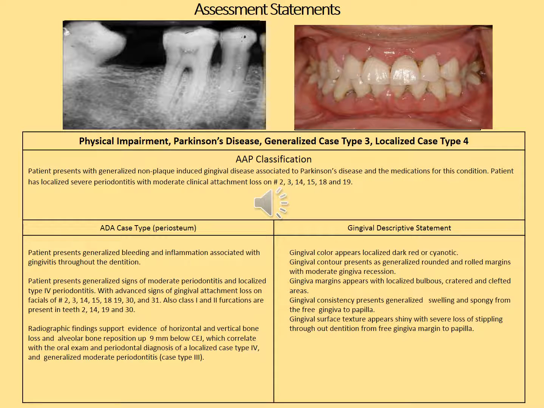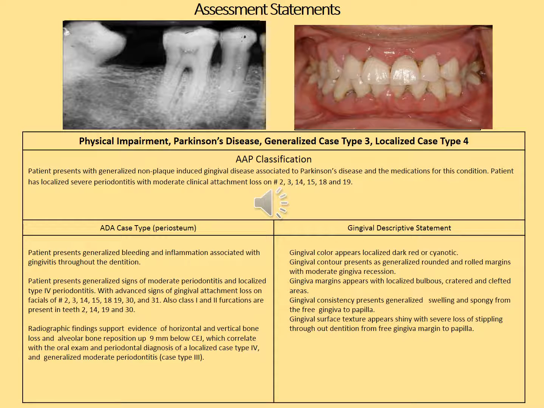In the next slide, we're going to present the assessment statements. We picked two pictures of our patient. One is a radiograph and the other is an image of the gingiva. The AAP statement states that the patient has generalized non-plaque-induced gingival disease associated with Parkinson's disease and the medications for this condition.